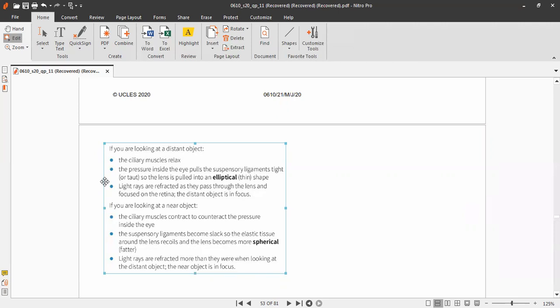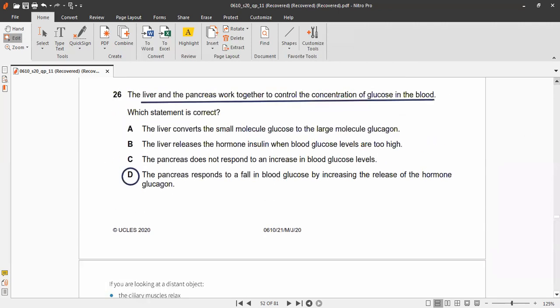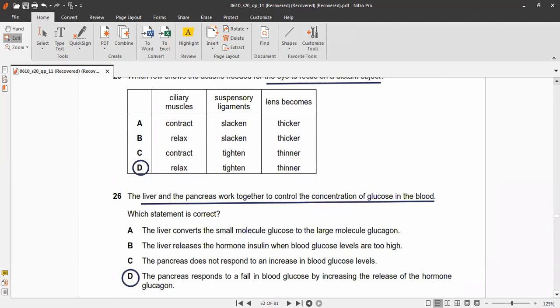Light rays are refracted as they pass through the lens and focused on the retina, so the distant object is in focus. So the correct answer is D. Ciliary muscles relax and suspensory ligaments tighten and lens becomes thinner.